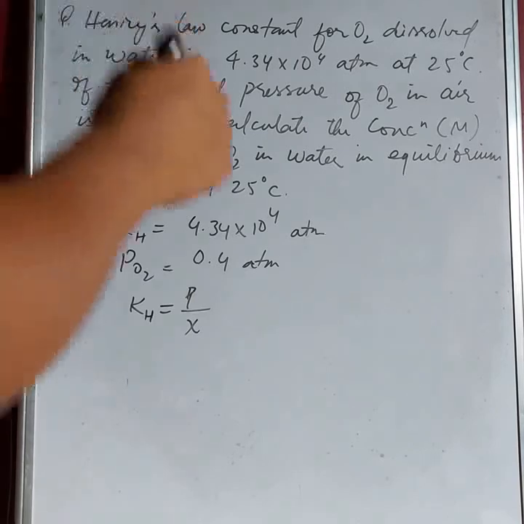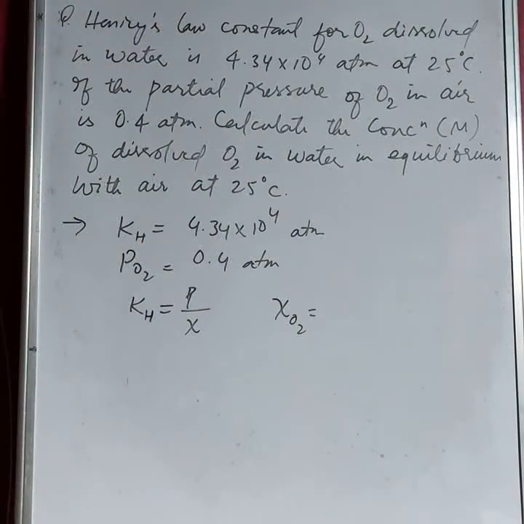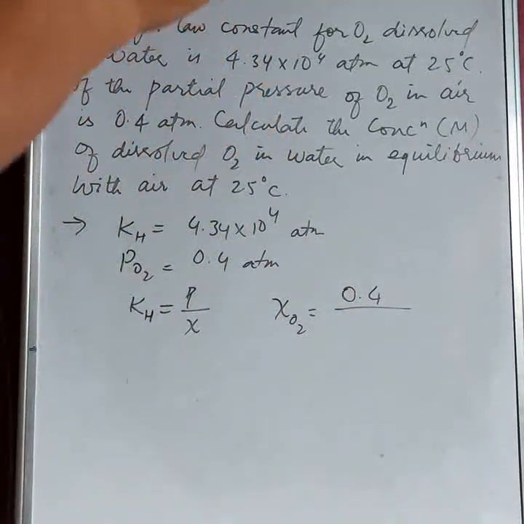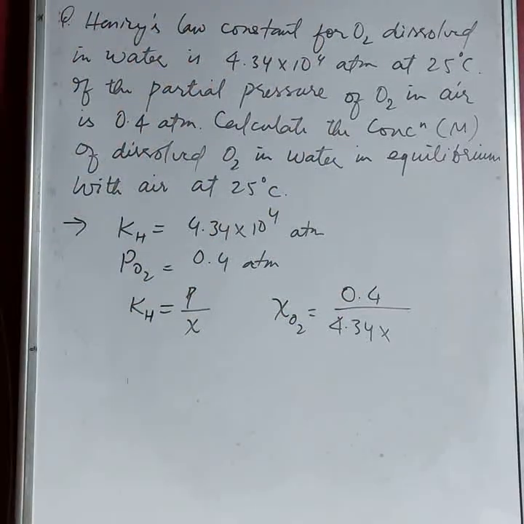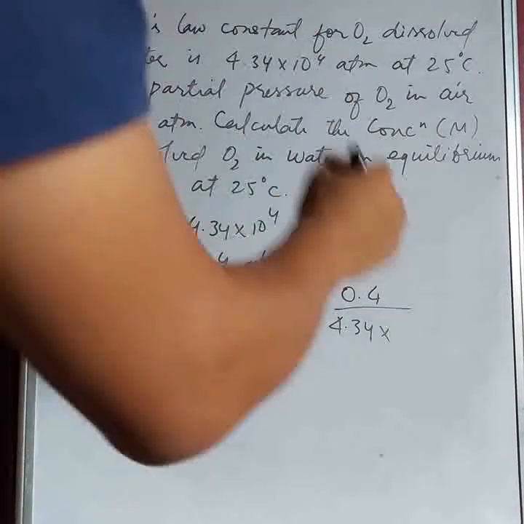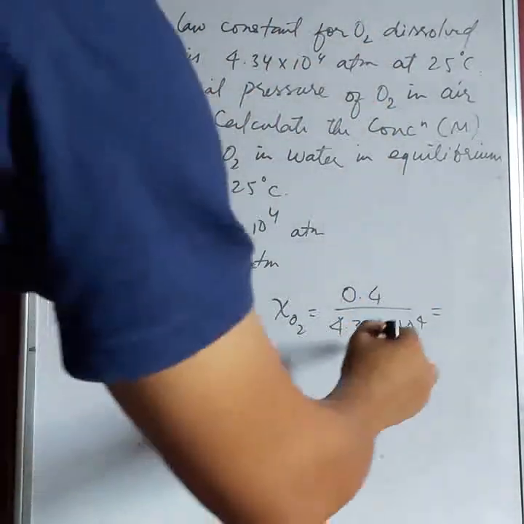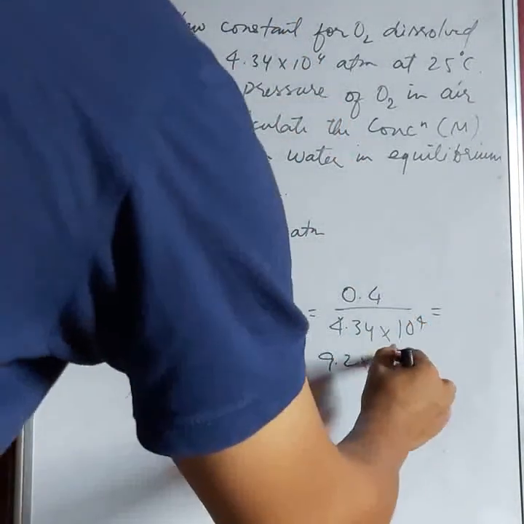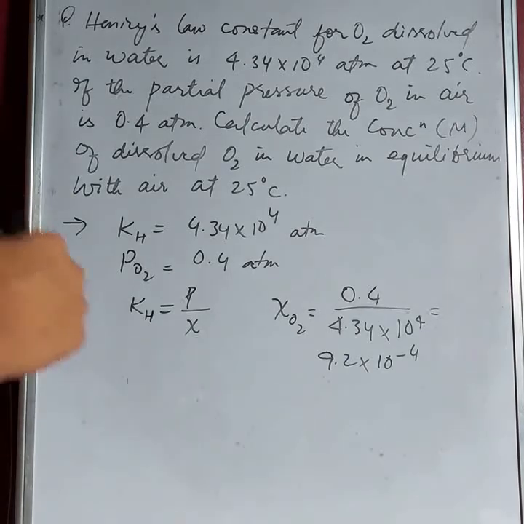So the mole fraction of oxygen is equal to the given partial pressure, 0.4, over 4.34 into 10 raised to the power 4, which gives us 9.2 into 10 raised to the power negative 6. So that is the mole fraction of oxygen.